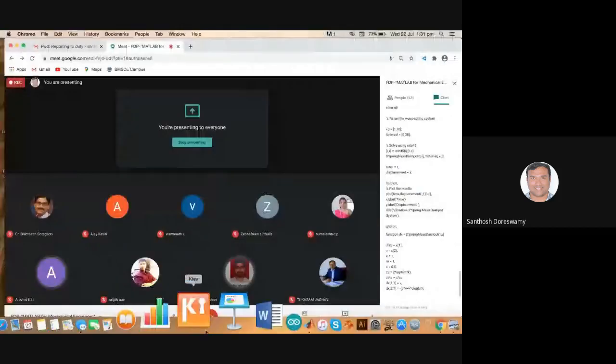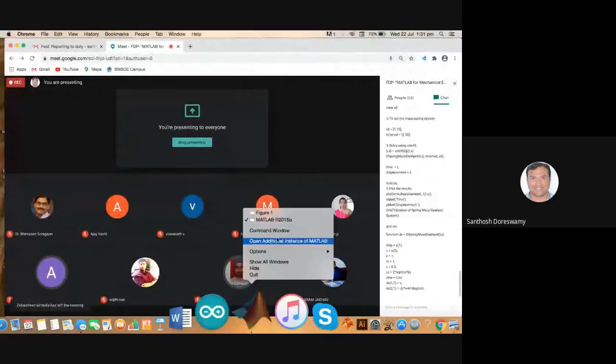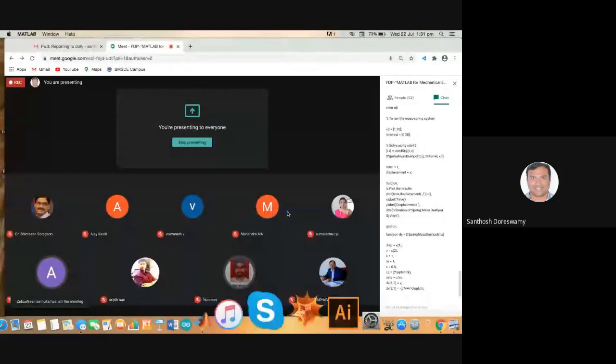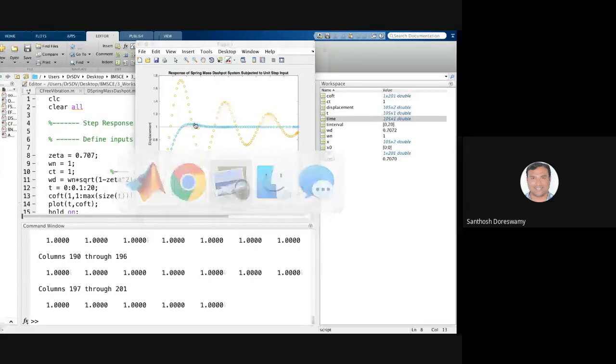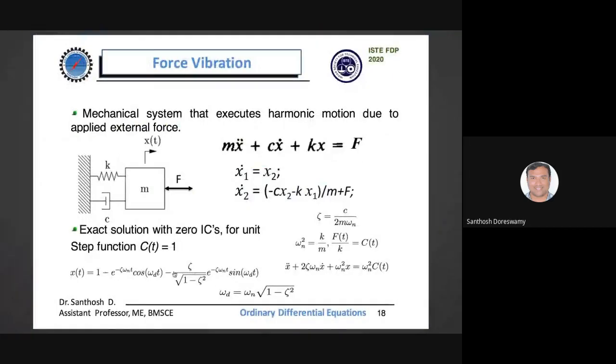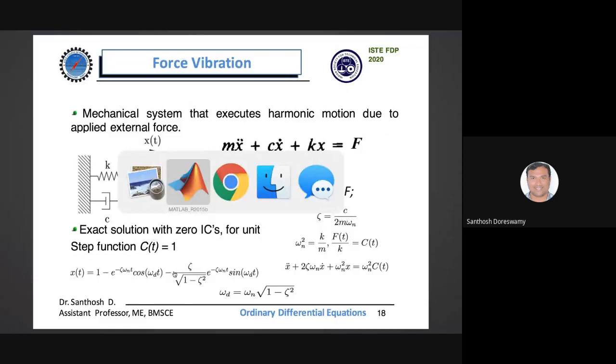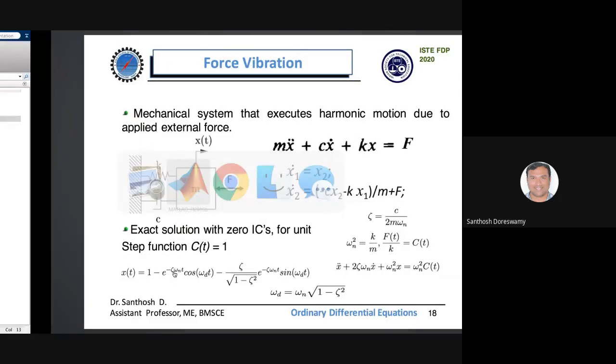you will see that this is the response that you got. The ODE 45 solver did solve the equation, and you had the data points of ODE 45 sitting right on the exact solution that you saw in the previous slide. So this is the exact solution and this is the plot that I have here.